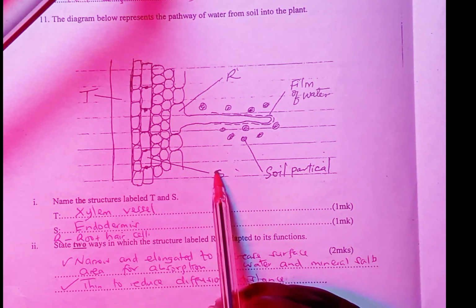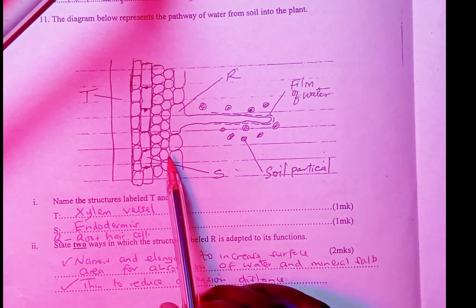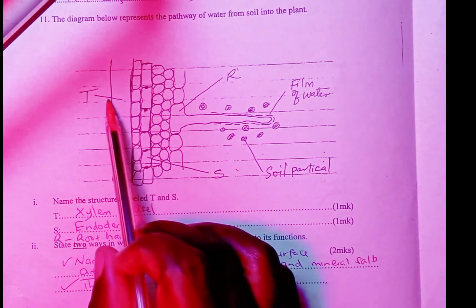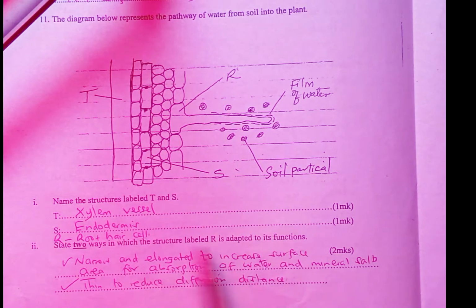We have S, which is the endodermis, and of course we have T, which is the xylem vessel.